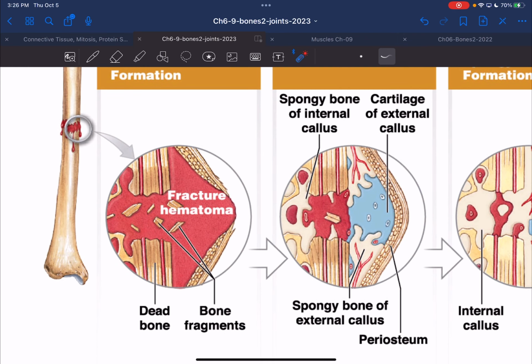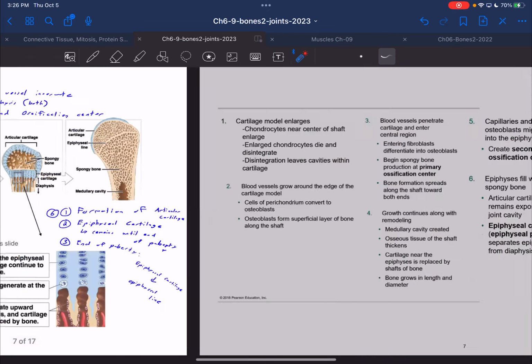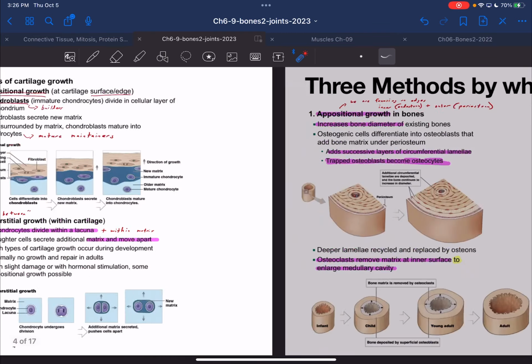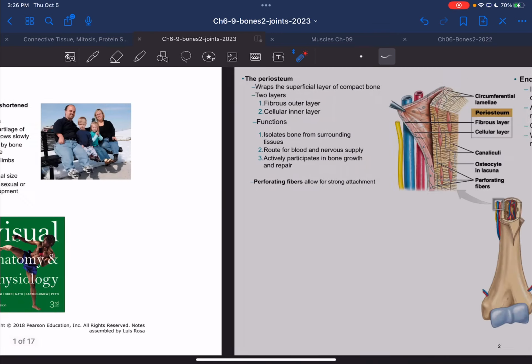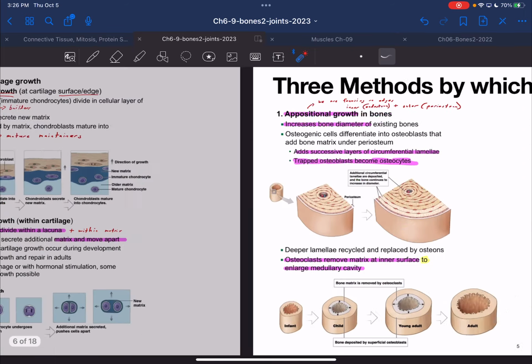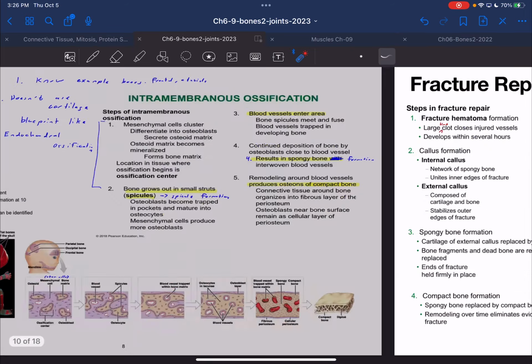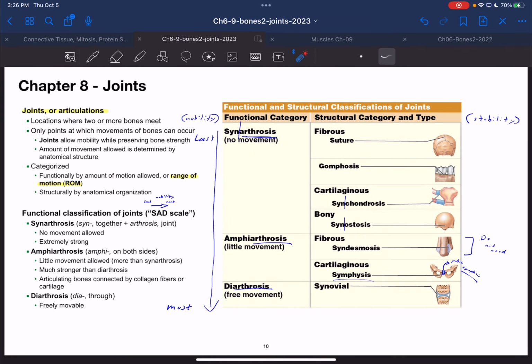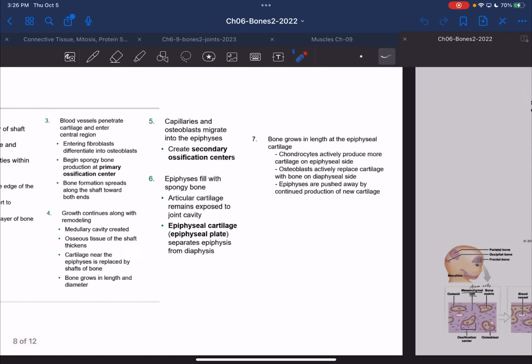And so you can see that our spongy bone, the internal one, where typically we always find spongy bone, try to remember that you only find compact bone on the outside of any of these figures that I'm having trouble finding for dramatic effect here. Okay, I'm just going to go ahead and switch up to the other one here. All right.